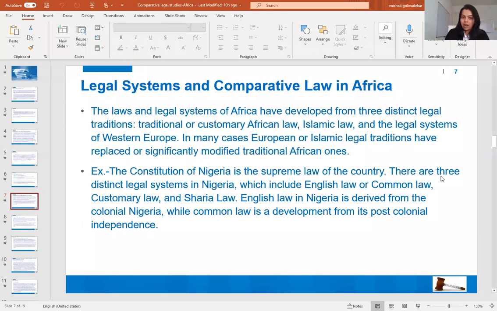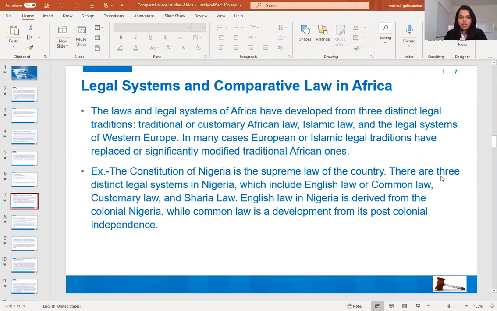Traditional or customary African law, second is Islamic law, or the Muslim law, or the religious law, and the legal system of Western Europe. So in Africa, it's a combination of common law, Islamic law, and traditional African law.